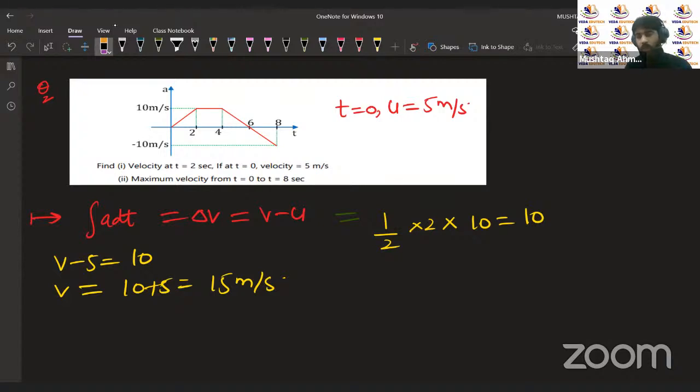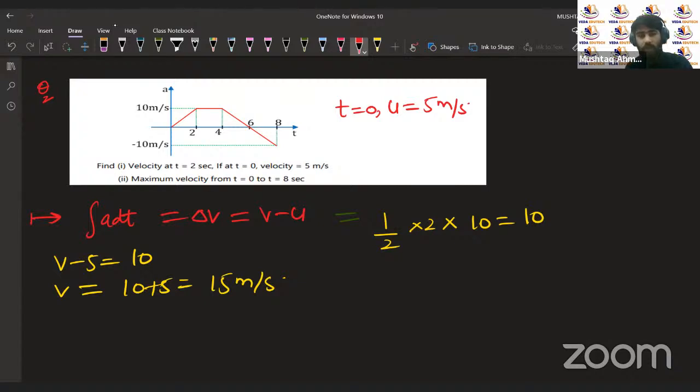So acceleration increases continuously, and then at time t equal to 2 seconds, the slope is 0 and the acceleration becomes constant. It's given as an acceleration versus time graph, and here the acceleration is constant.